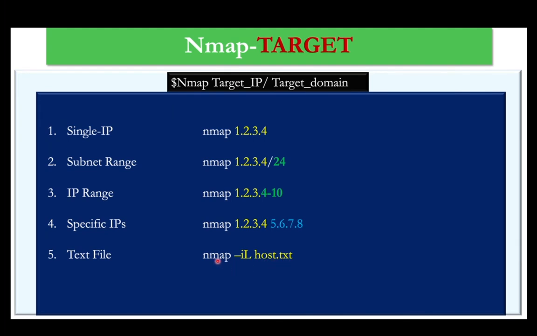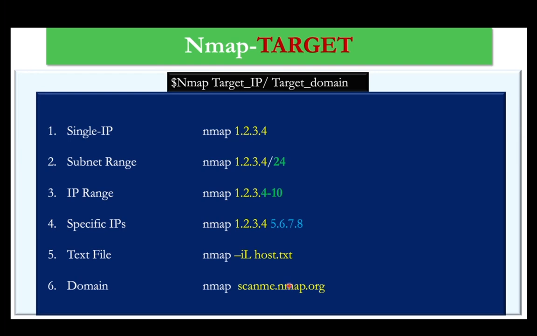For that, the Nmap command is followed by -iL, where L is for list, a list of hosts which are live. Another one is domain specific. You can give the domain name, so Nmap with the domain name scanme.nmap.org. That is one way of specifying a target.